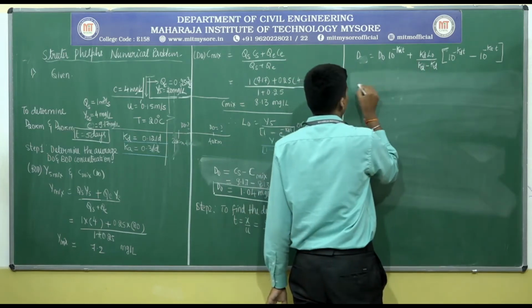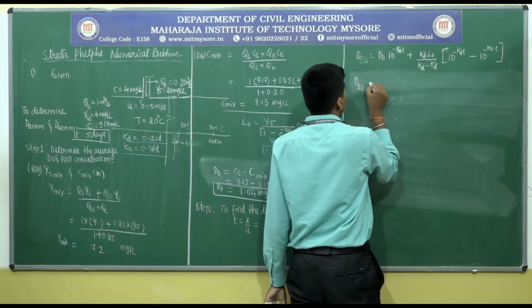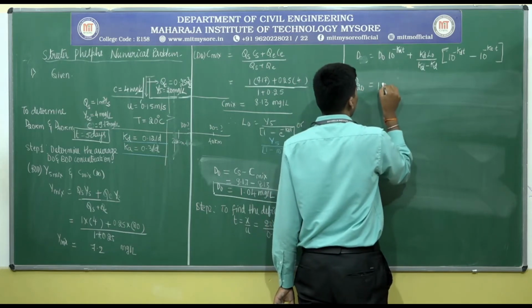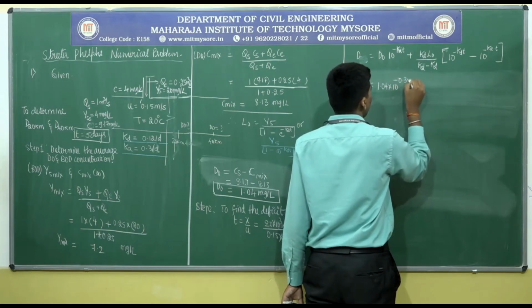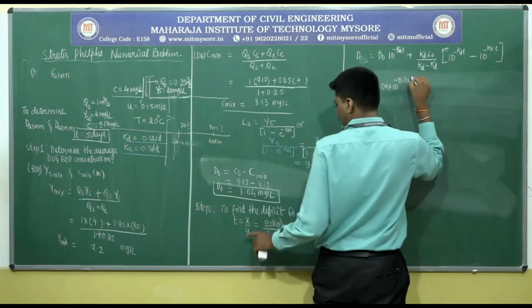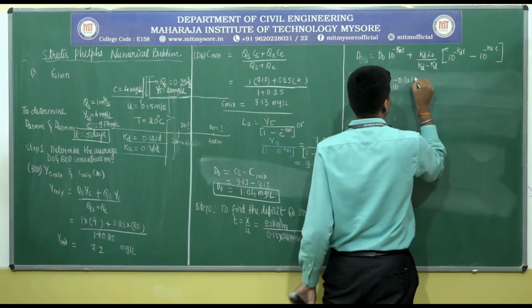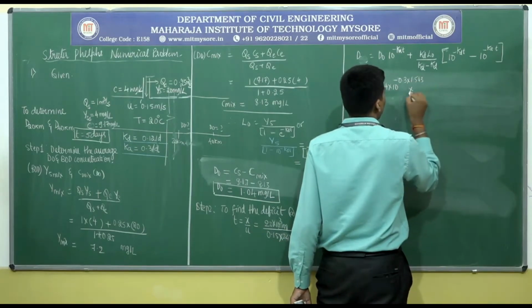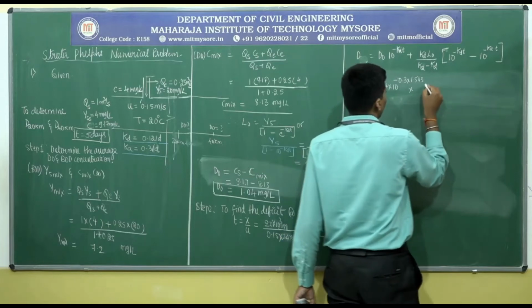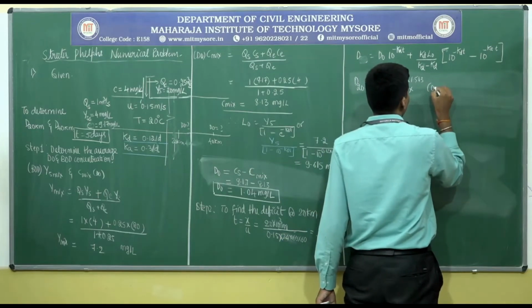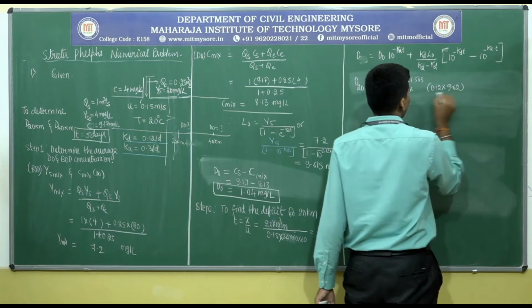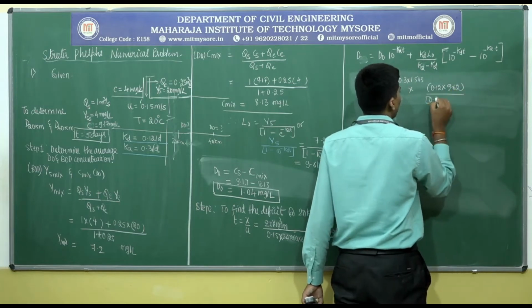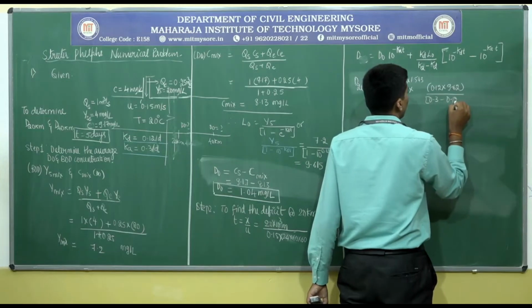So D at 20 is equal to D naught 1.04 into 10 raised to minus 0.3 into the time, 1.543, plus Kd L naught, that is Kd equal to 0.12 into the L naught value, let me take it as 9.62, divided by 0.3 minus 0.12.